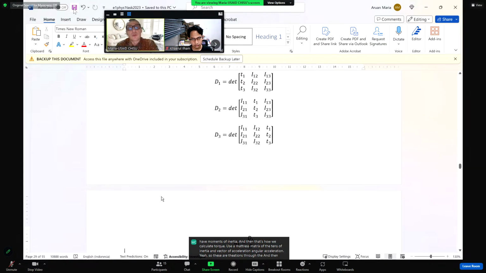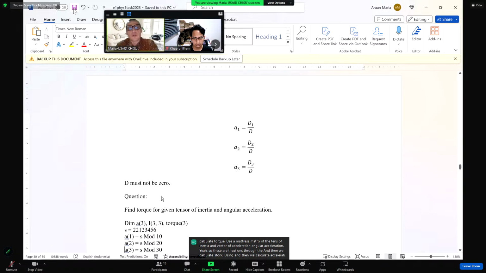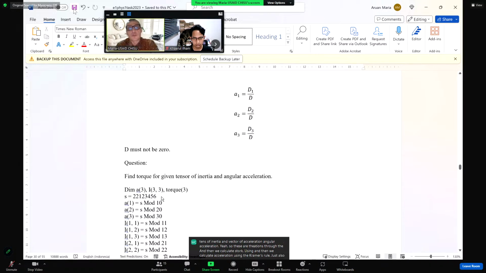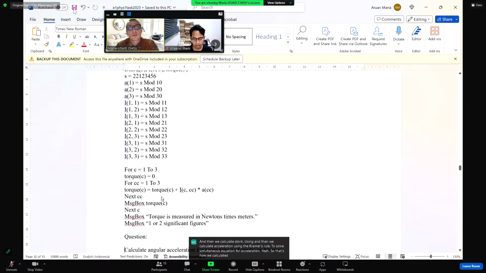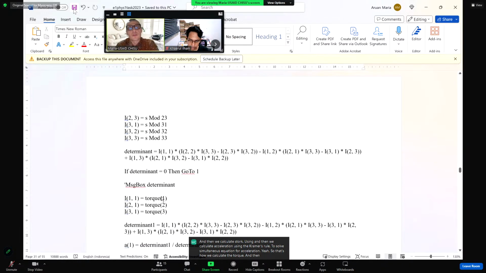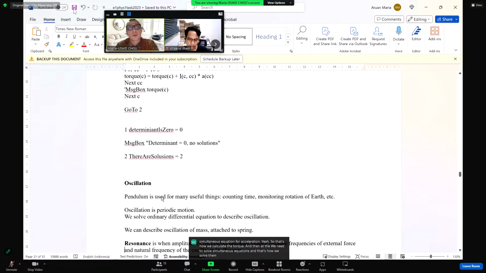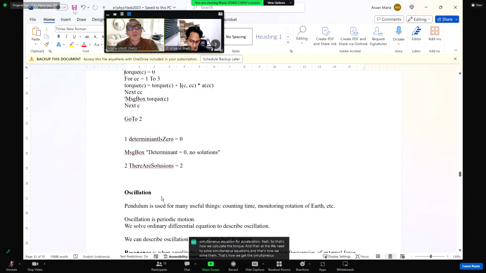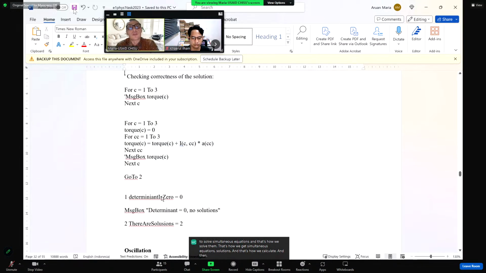And then we calculate acceleration using Cramer's rule to solve the simultaneous equations for acceleration. So that's how we calculate the torque, and to calculate acceleration, we need to solve simultaneous equations, and that's how we solve them.